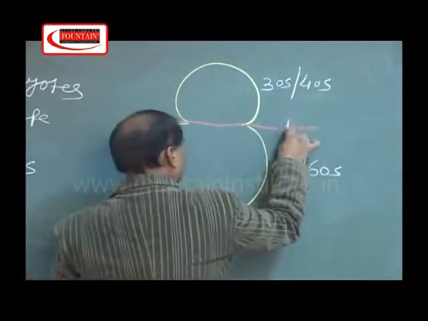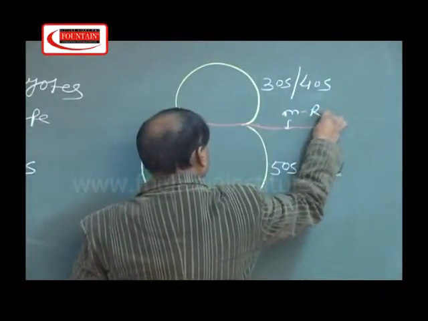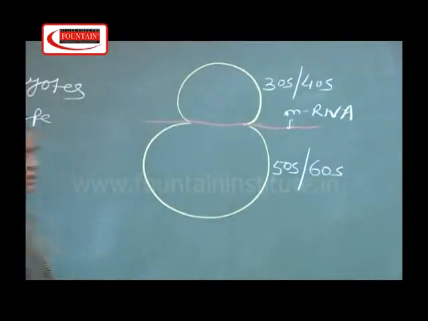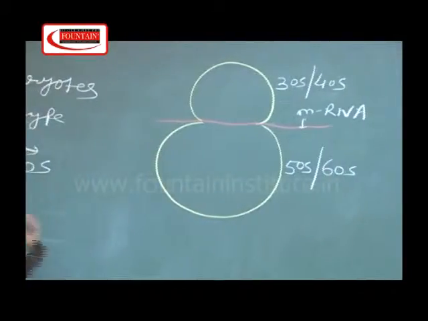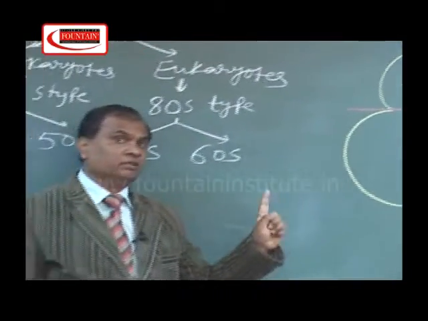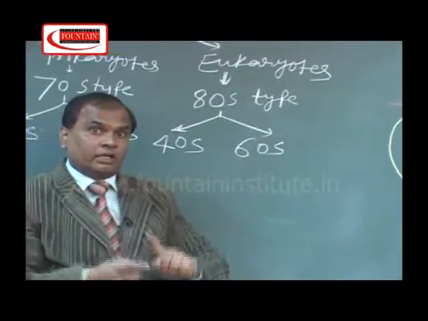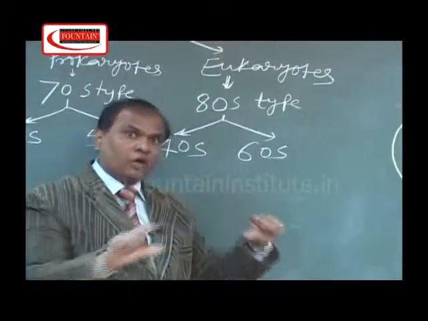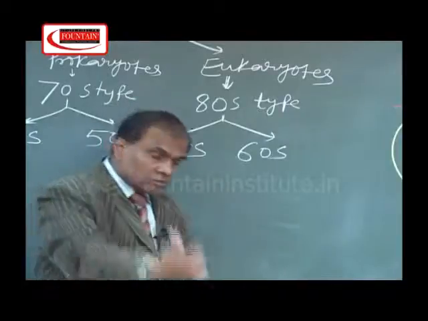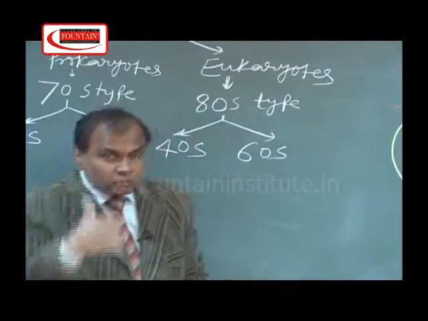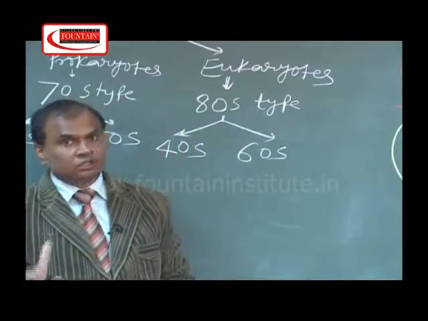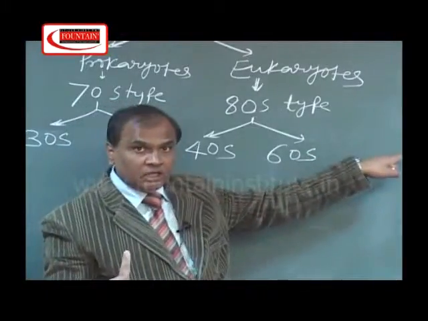And this is the mRNA. I have already mentioned in the process of transcription that when mRNA gets released from the area of replication, it goes to the smaller subunit of the ribosome to control translation. So this is the process.